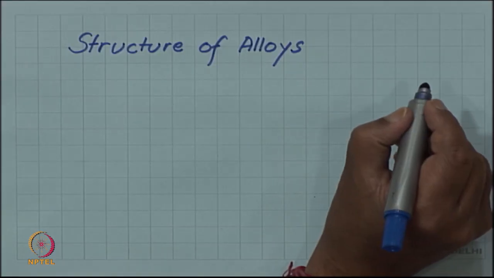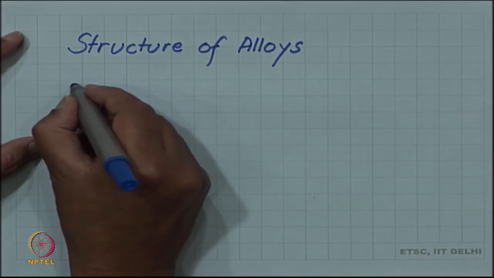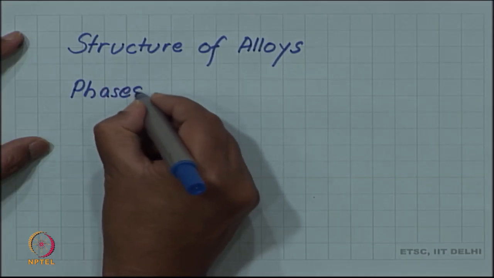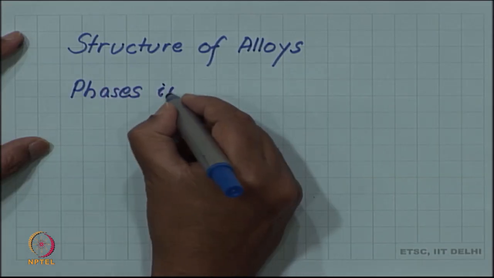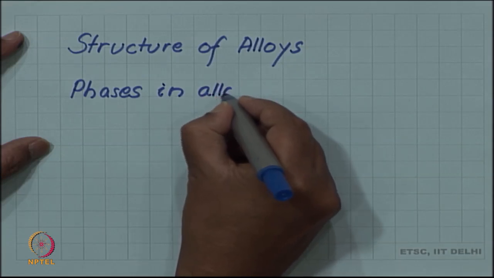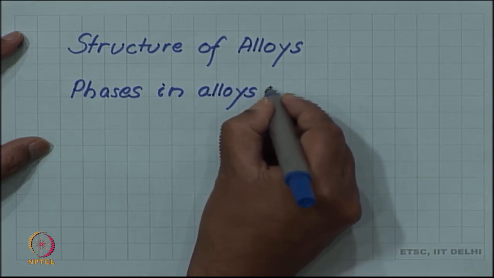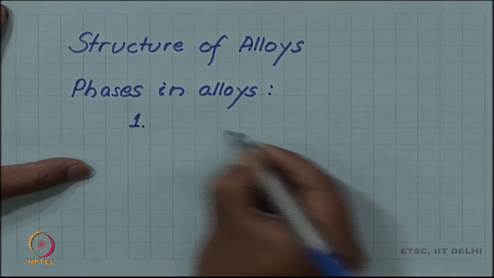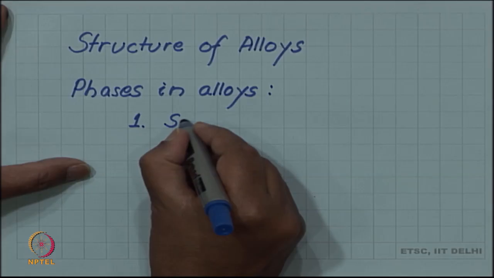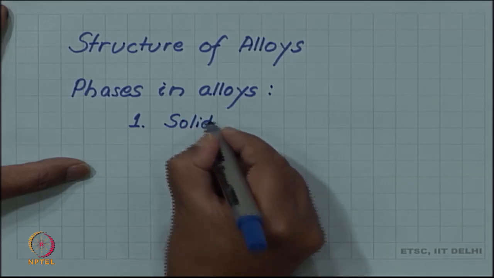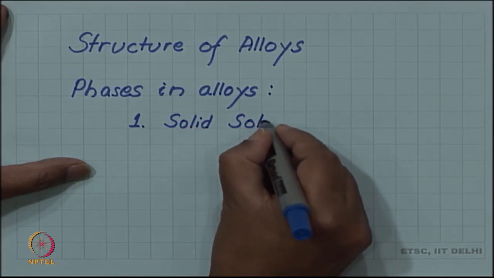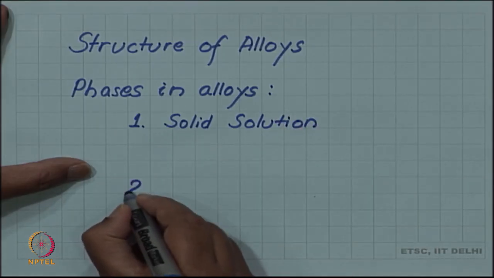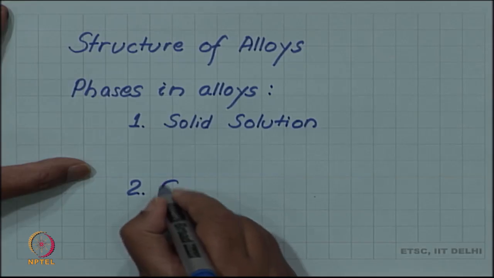And two important phases are there in alloys. So, let me say phases. One is solid solution, and another is compound.